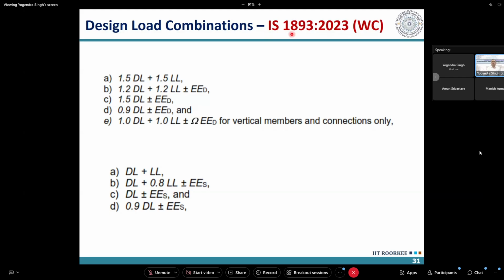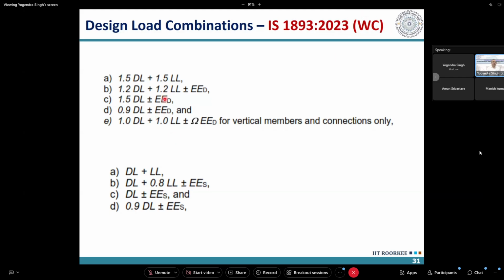This is in IS 1893 2023, possibly. It has not yet been published, so I'm just expecting that it will come in 2023. It is currently in wide circulation.